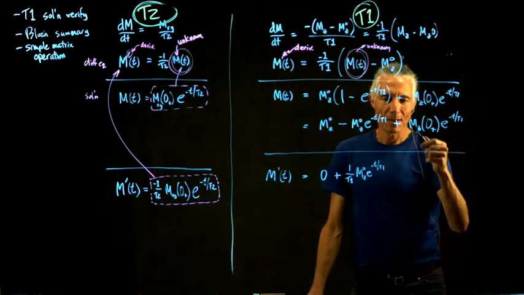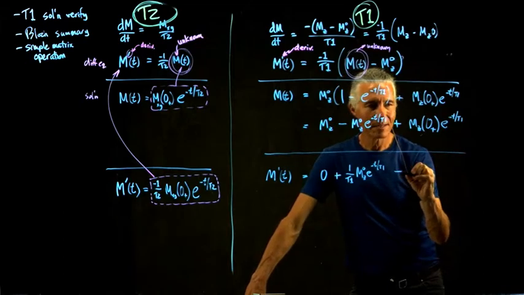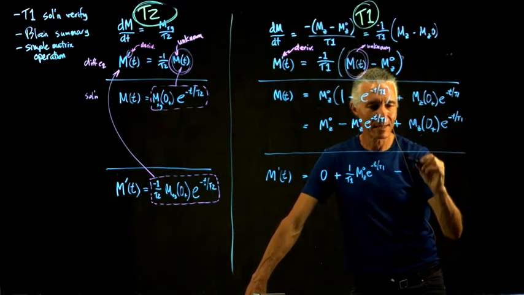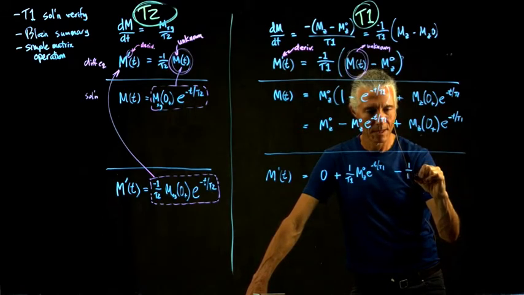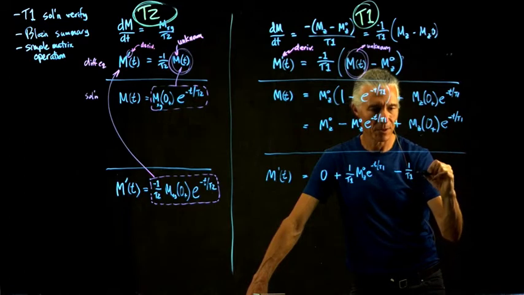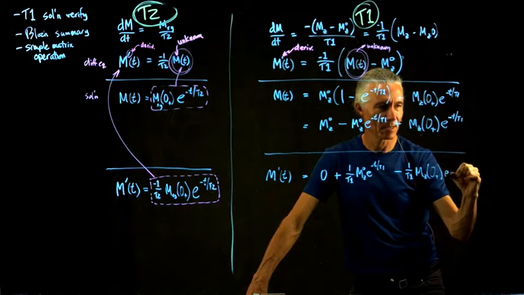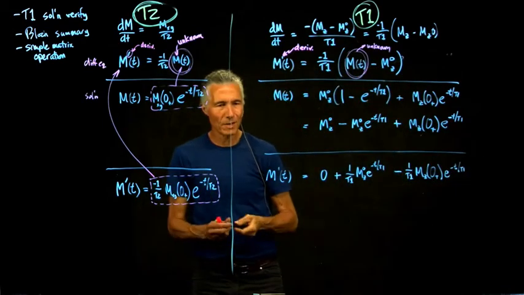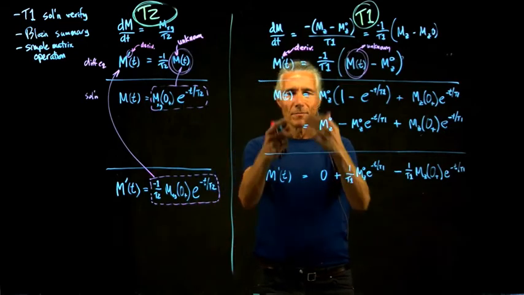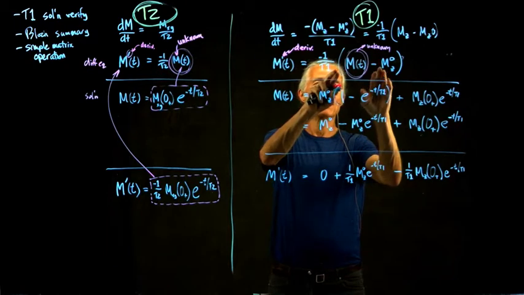And then we have to do the same thing with this guy. This guy is now going to have a minus because of the minus coming out here. So minus 1 over t1 times this whole thing, mz0 plus e to the minus t over t1. Okay, so now we calculated the derivative of our solution, and this thing should be equivalent to this.